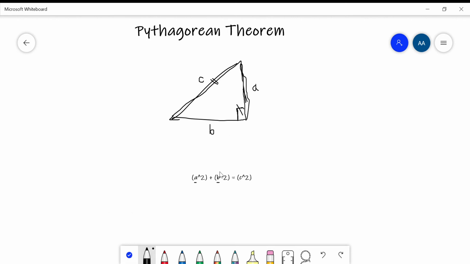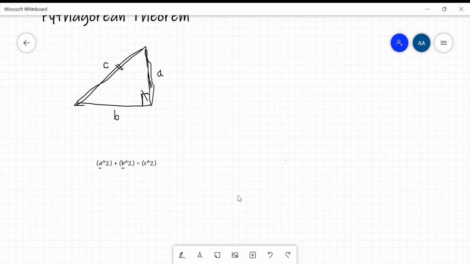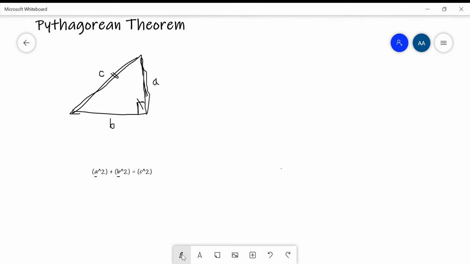And you can use this in many other applications as well. So, what I'm going to show right now is a problem for you to do. I'll move over here, give myself a bit more space.